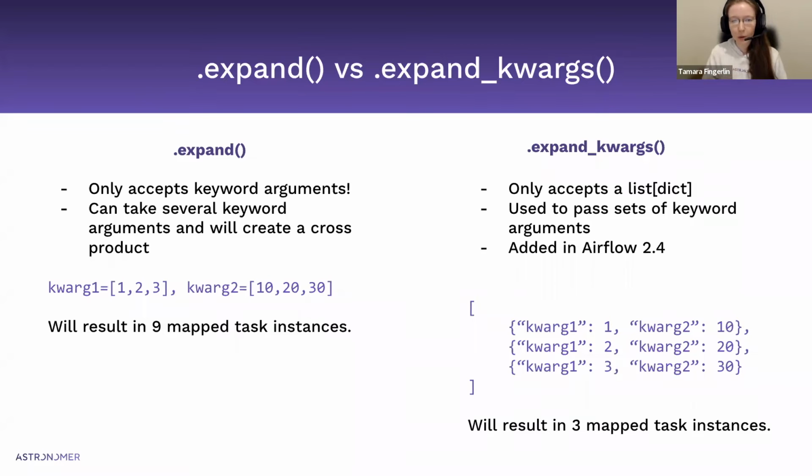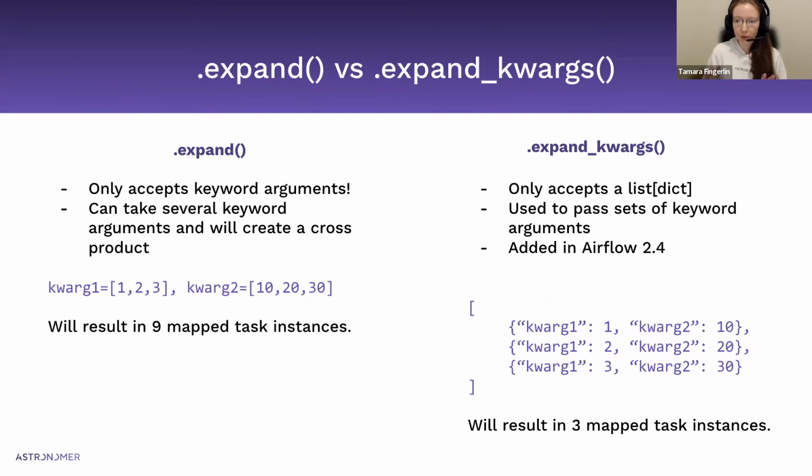Little side note, the order is not guaranteed in which those task instances were mapped. And the .expand_kwargs function only accepts a list of dictionaries, and it's used to pass sets of keyword arguments. This was added very recently, so if you don't find that, make sure you're updated to Airflow 2.4. The syntax to pass your input into this function is shown on the right-hand side. You have a list, and the list contains several dictionaries.